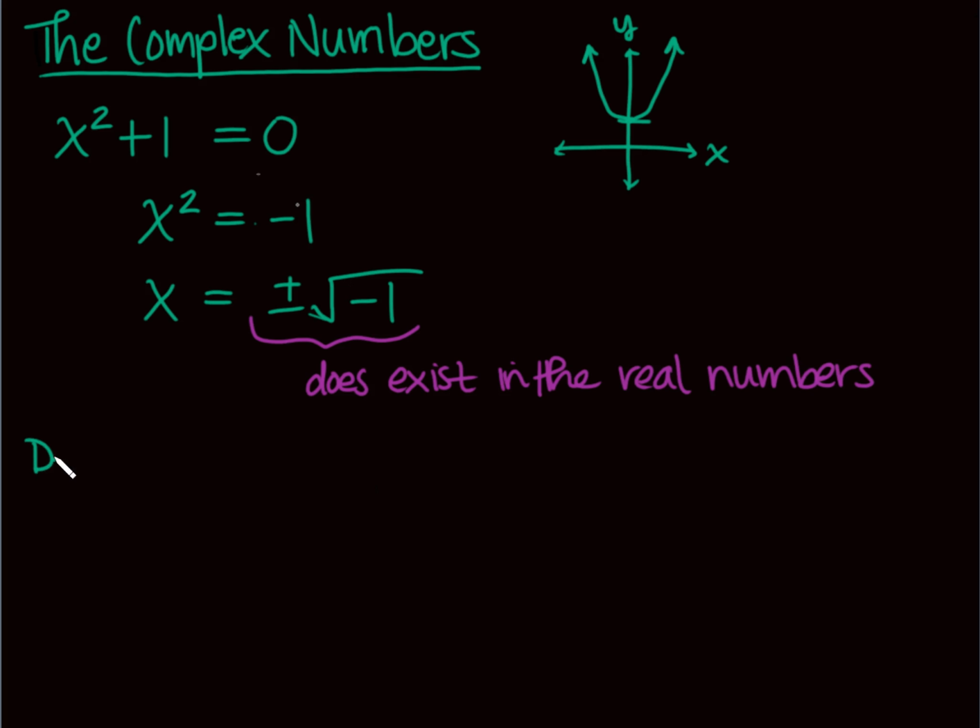Before we get to what a complex number is, we're going to define a number that is equal to the square root of -1. So the number i, and notice it is a number. It's just not one of those real numbers. That's okay, we can think about things differently.